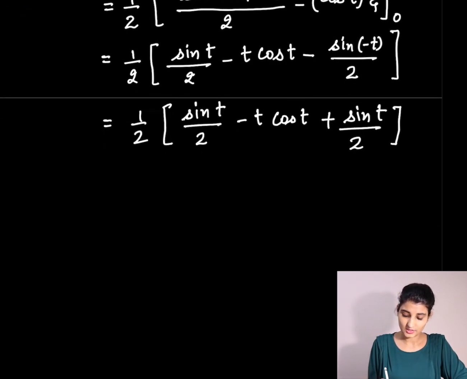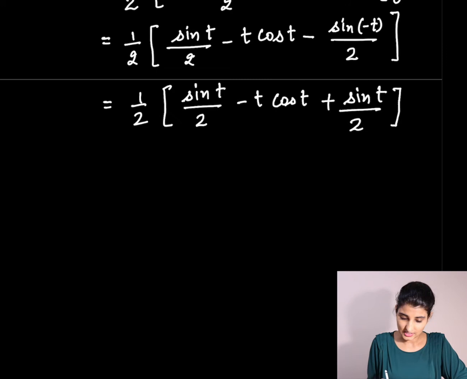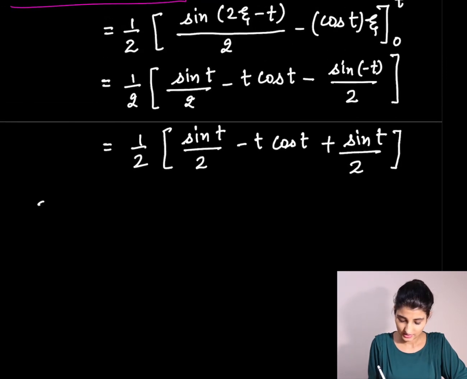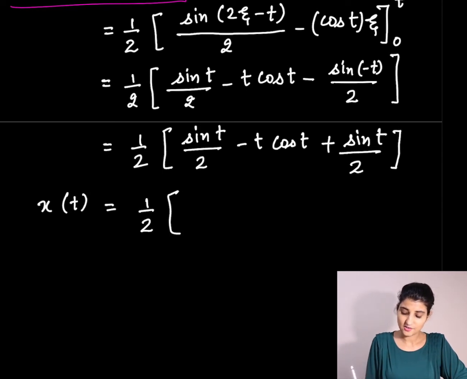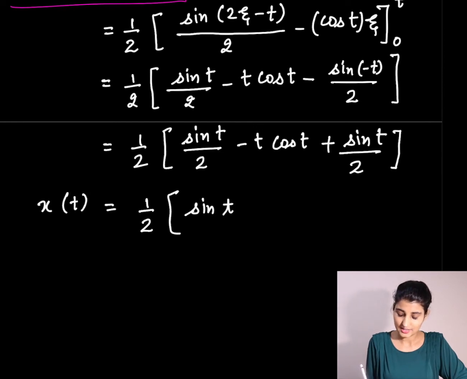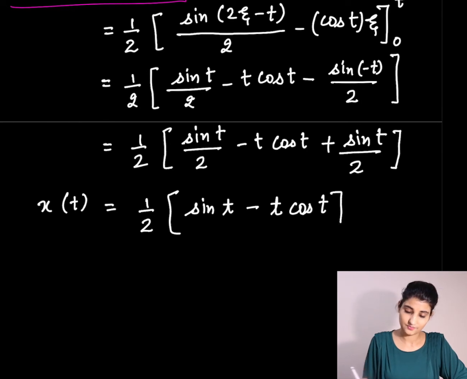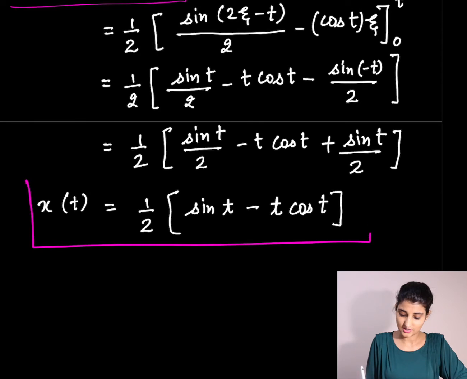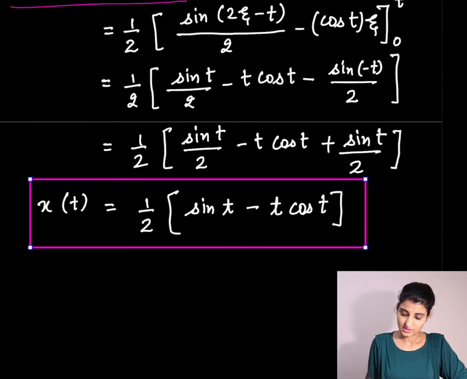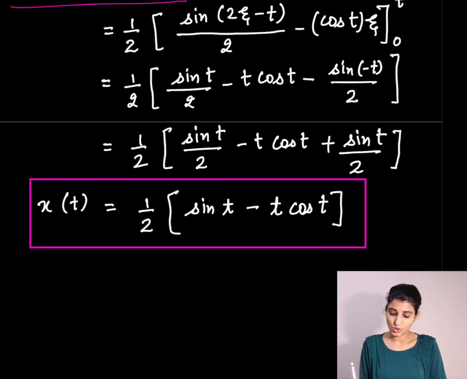So what we got is our x of t is equal to 1/2 (sine t half plus sine t half is sine t, minus t times cosine t). And this is our answer. So this is how we solve ODEs using the convolution.